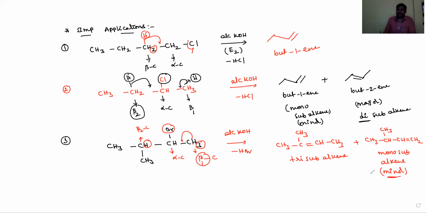So major and minor products depend on Saytzeff's rule. What does Saytzeff's rule say, dear students? More substituted alkenes are more stable when compared to less substituted alkenes, so the more substituted alkenes are the major products.